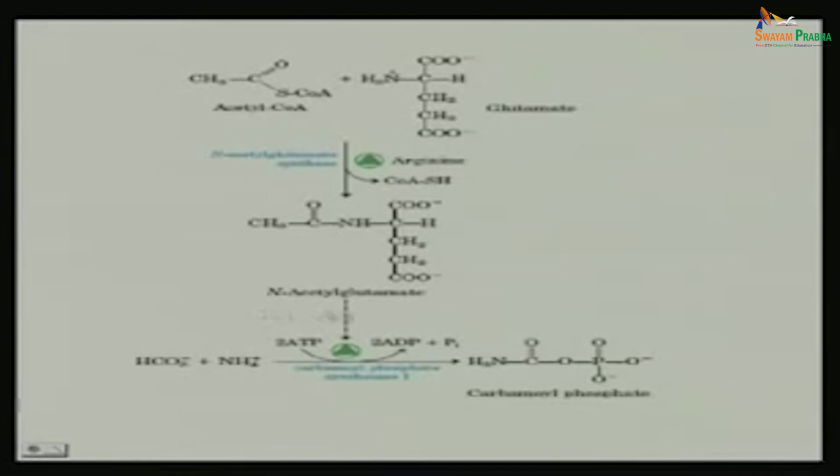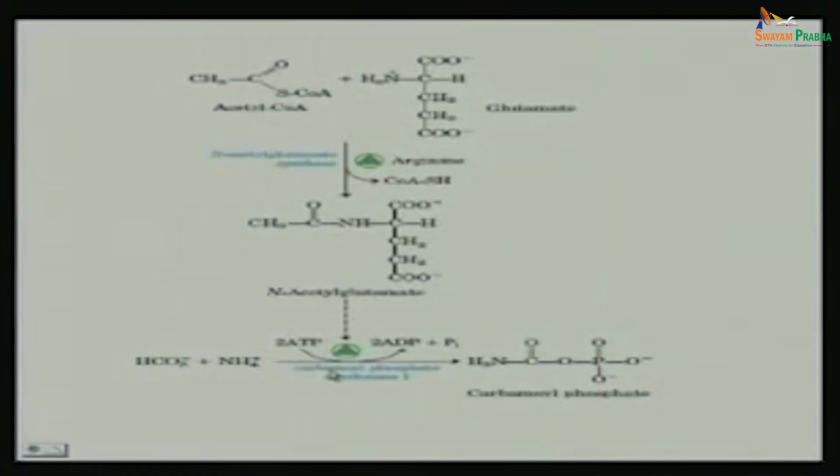Now, this N-acetyl glutamate plays a significant role as it is the regulator for carbamoyl phosphate synthetase 1. Ultimately it activates this enzyme, and bicarbonate and ammonia in the presence of this enzyme get converted to carbamoyl phosphate, which is the initial product to start the urea cycle.